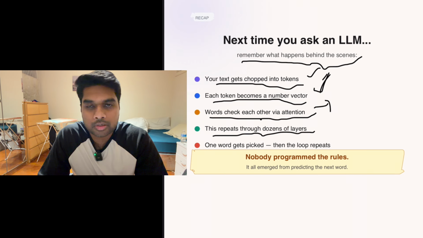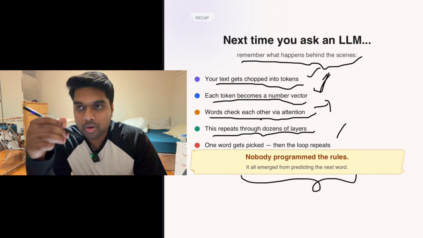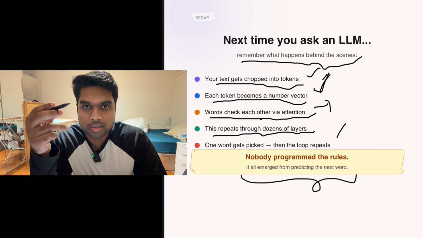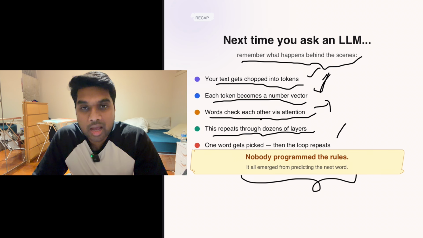Essentially, for every word or every token, the whole architectural loop repeats itself, and then the answer comes out. Nobody has programmed the rules. All the large language models do not have deterministic rules that are written by any of the programmers. LLMs show something called emergent behavior, and are very good at predicting the next word.